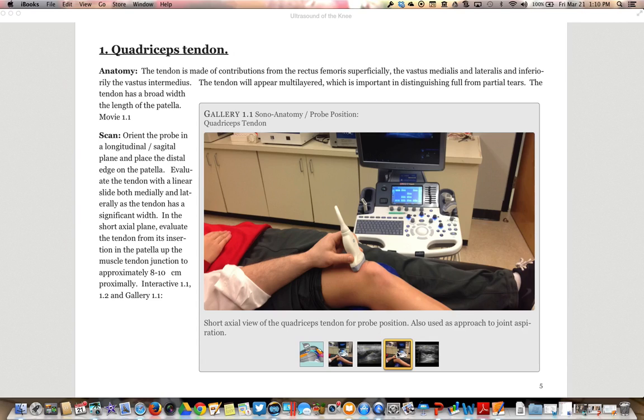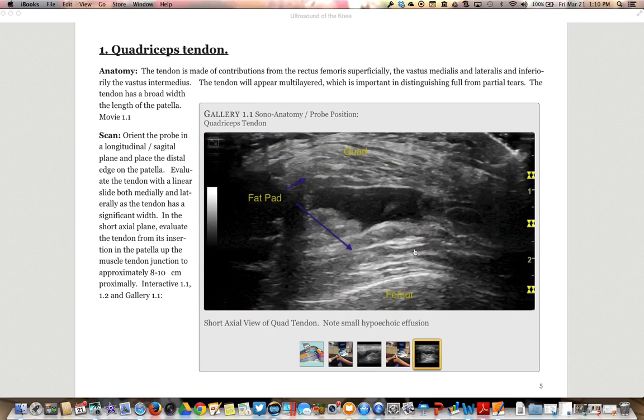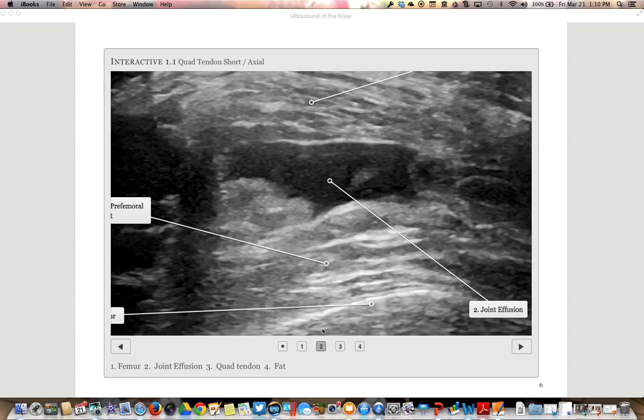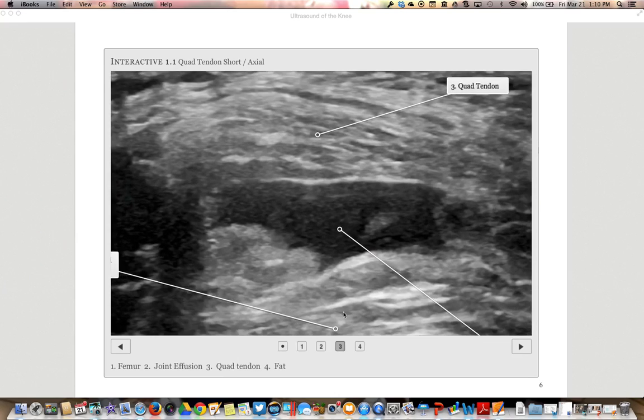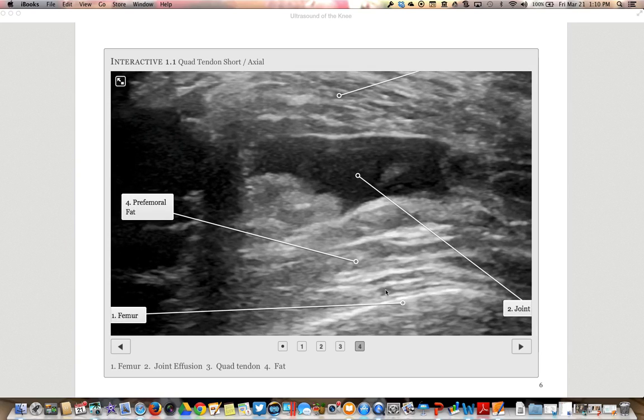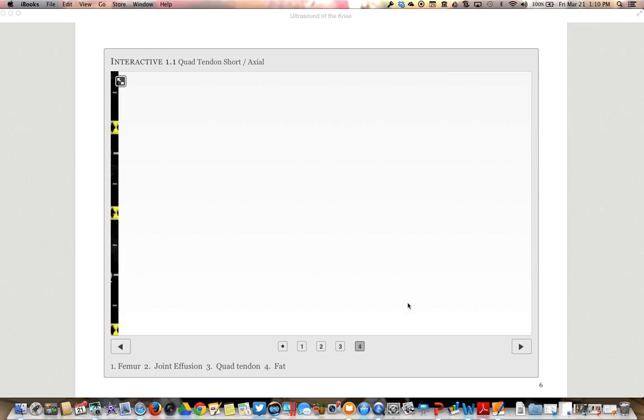Looking at it on a short axis approach this way, we would see the quadriceps, a small effusion, again the fat pads, femur below. Again, looking at this in greater detail, the quadriceps tendon, the fat pad here, looking at the joint, and lastly the hyperechoic femur.